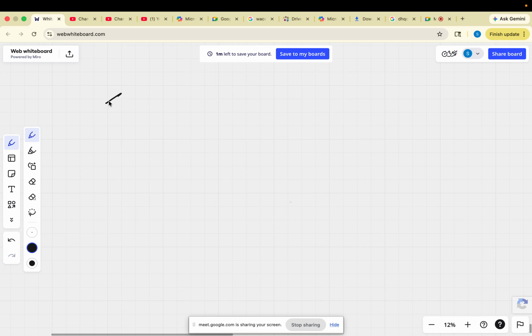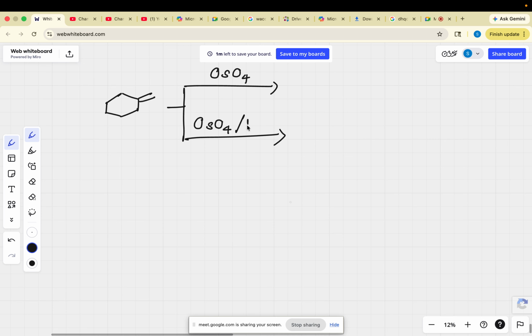So suppose I have this compound. Write down the product. Tell me, easy question. Write down the product.